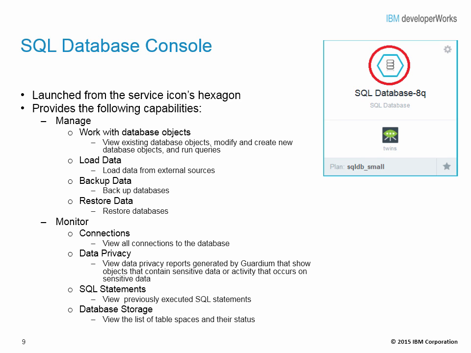You can look at previously executed SQL statements, and you can look at the various table spaces, so the database objects that actually store your data, look at their status, and so on. So again, with the SQL database console, you're able to both manage your database and also monitor your database.